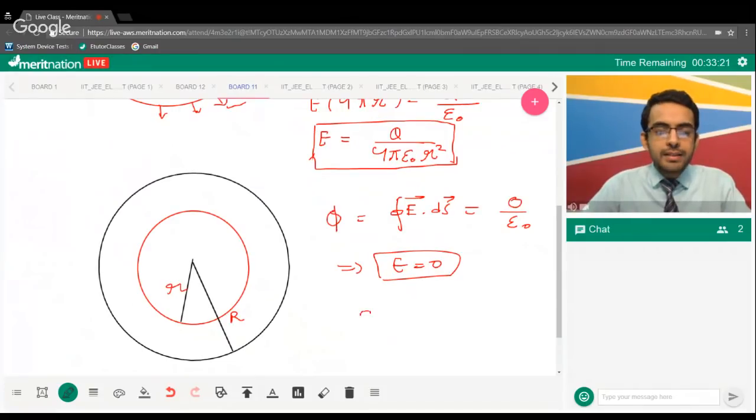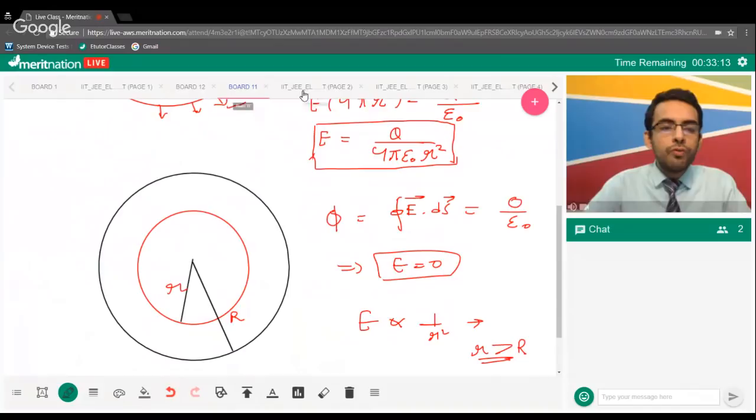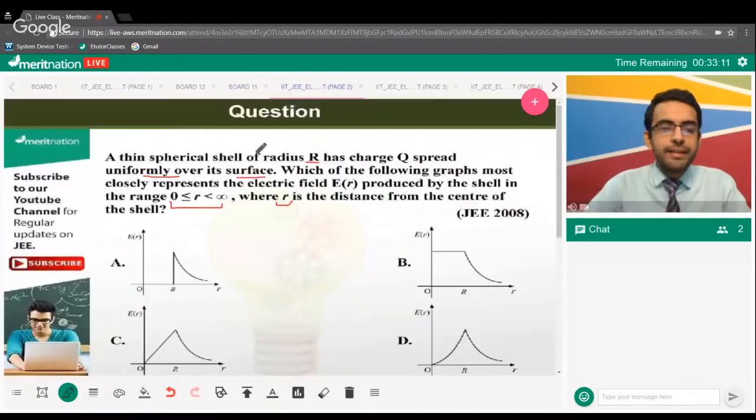So we can see E is inversely proportional to r square for the outside region, for r greater than capital R. So from this, we can easily see that the first one is correct, because here the electric field is 0 inside, and outside it, E is inversely proportional to r square. So that's why the first one is correct.